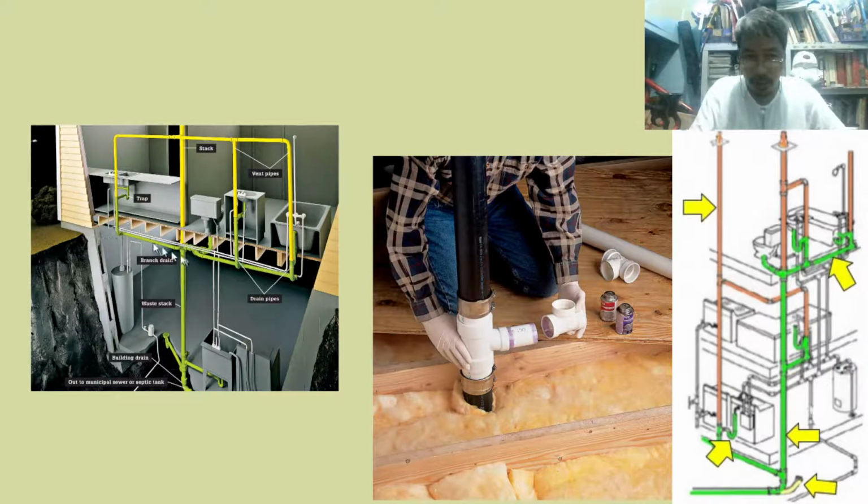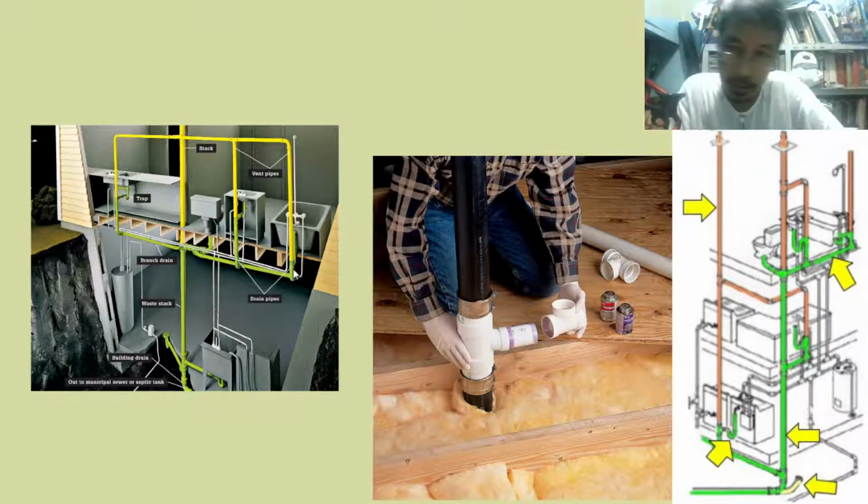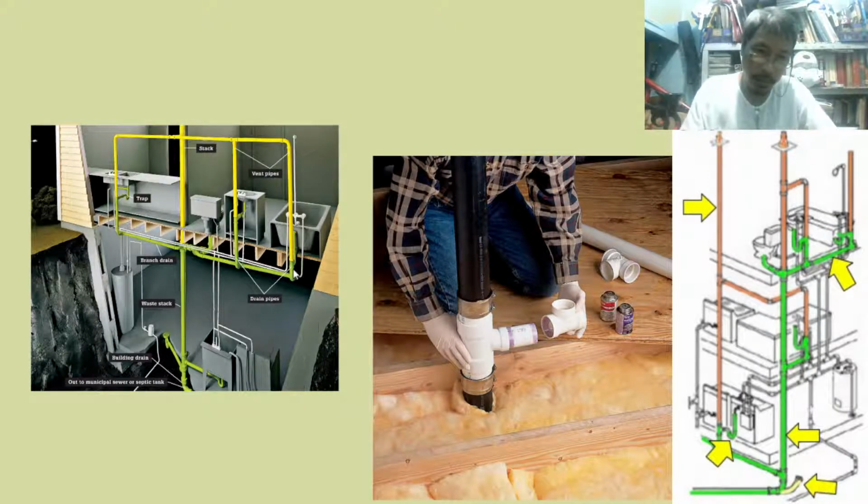Drain pipes are short vertical pipes connected to the horizontal, similar to the building drain. But the drain pipes are connected to the fixture.